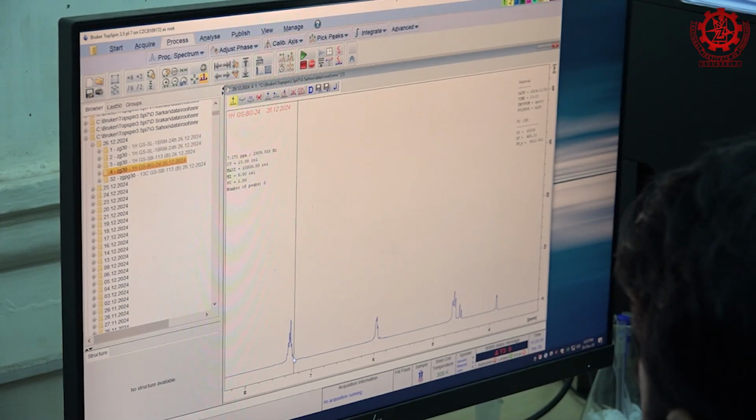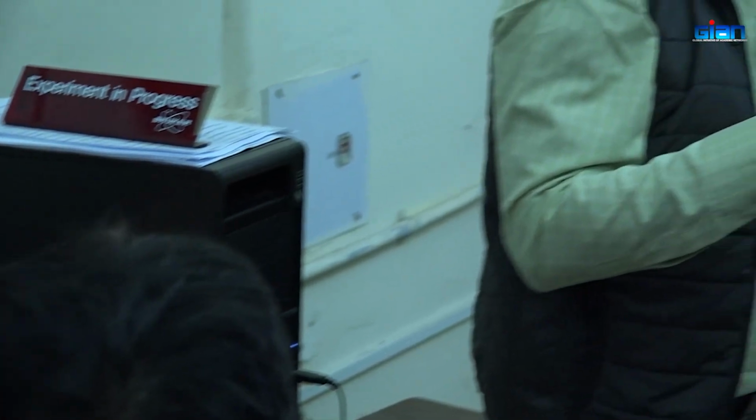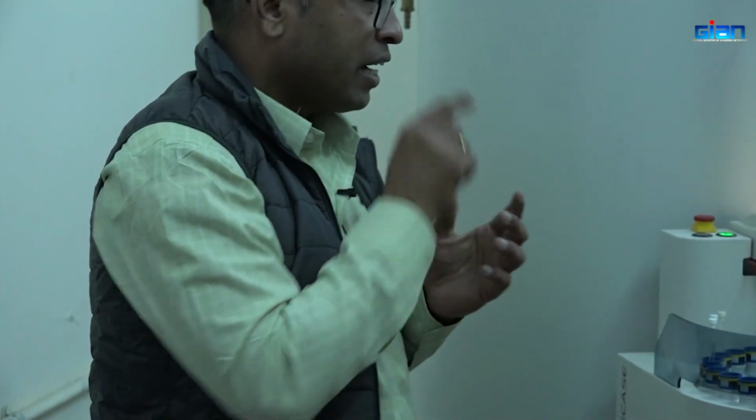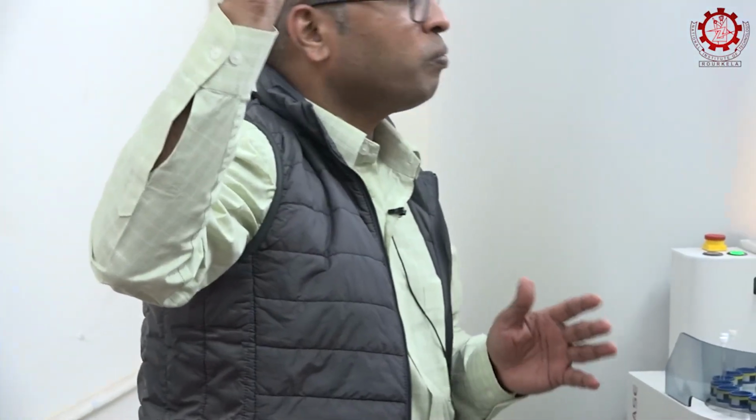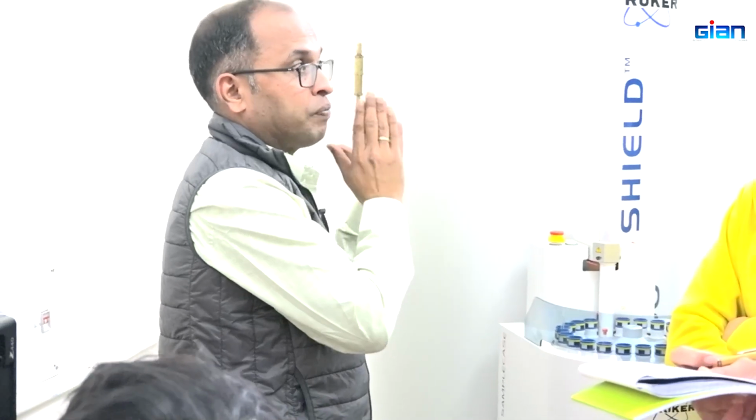We have taken chloroform, so there will be a peak for chloroform and I take that as the reference. Then all other peaks, you can see several peaks are coming here. There are so many things to learn there, but they come according to the reference solvent, the reference peak. So we take the solvent, we give the reference and then we try to analyze.